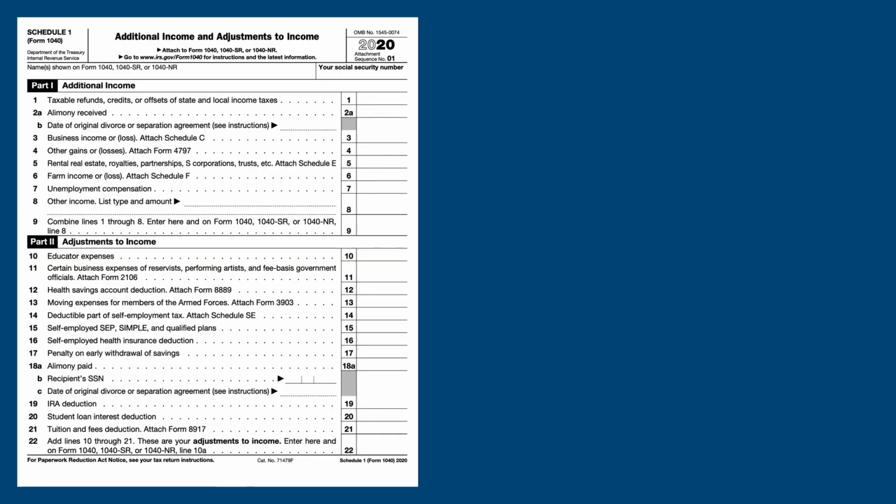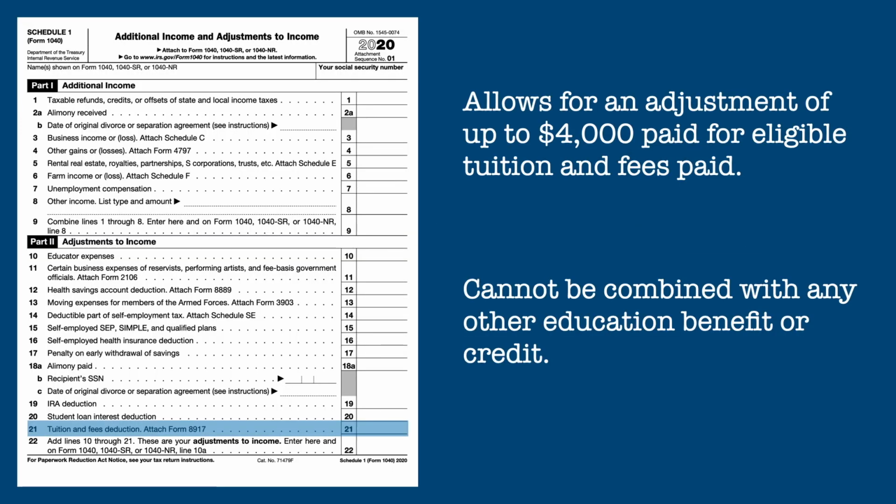And finally, we come to the adjustment for tuition and fees. For the last several years, this adjustment has been in and out of the tax code, and currently it's in. This allows you to take an adjustment for tuition and fees paid at an eligible institution for an eligible student. This adjustment can be useful if you otherwise would not qualify for a more generous education credit.